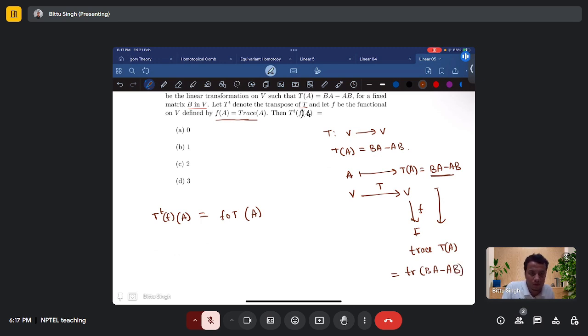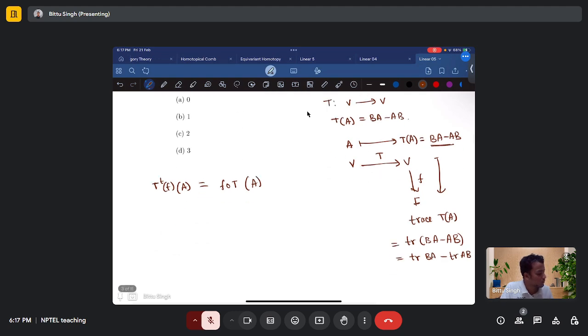But you know, trace of AB is same as trace of BA. So this is same as trace of BA minus trace of AB. But their traces are equal. TR denotes trace here, okay? So those traces are equal, therefore this becomes 0.